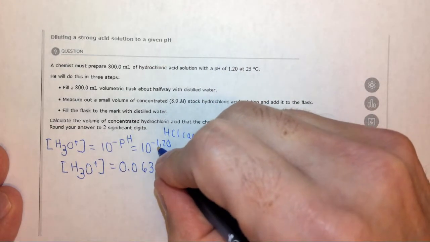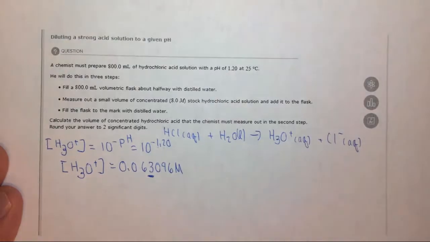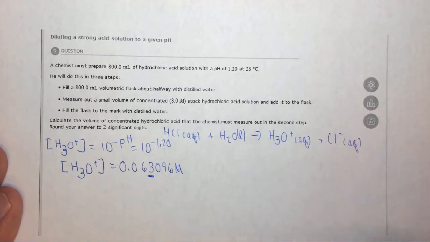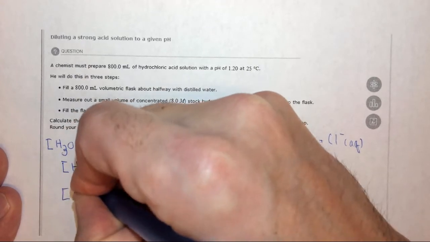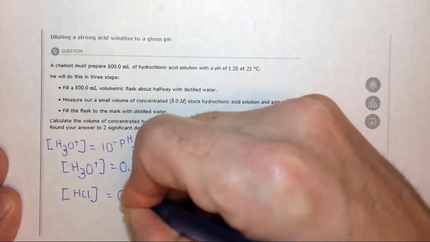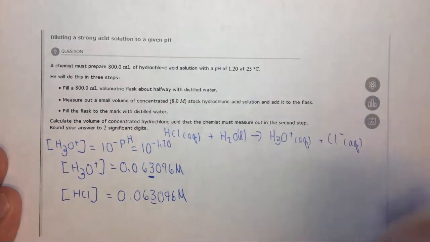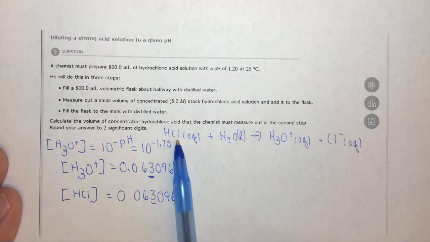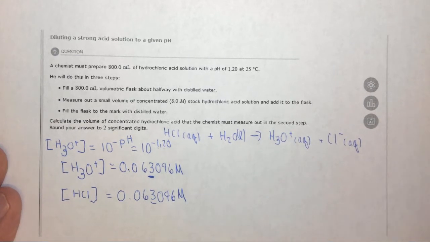And note that the 1 is not a sig fig, so it's 2 significant figures. This is also the concentration of HCl. So the concentration of HCl that we want is 0.063096 molar, and this is because it's a strong acid. So all of the HCl will turn into H3O plus.